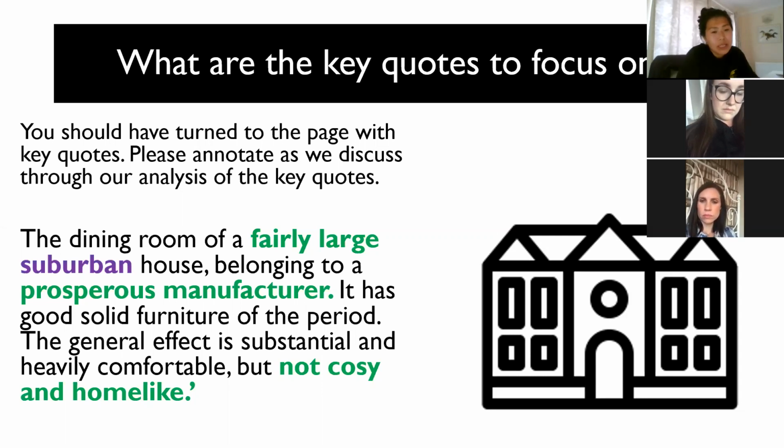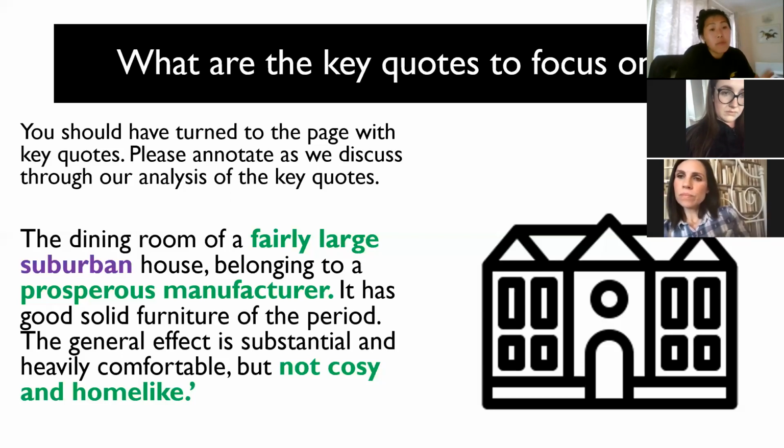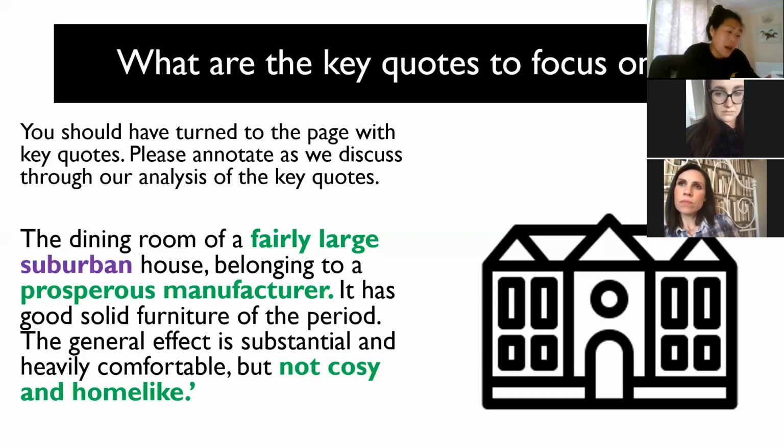I'm going to look at the fact that the furniture is "good, solid furniture of the period, and the general effect is substantial and heavily comfortable, but not cozy and home-like." When we look at the furniture being heavily comfortable, this could link to the idea that the money they've made from capitalism, which has oppressed many working class people, has made their life very, very comfortable. This contrasts with the suffering of the working class.